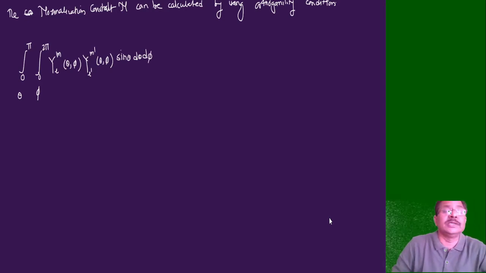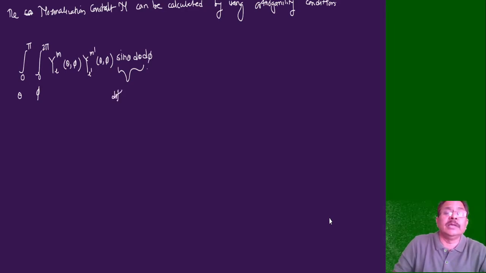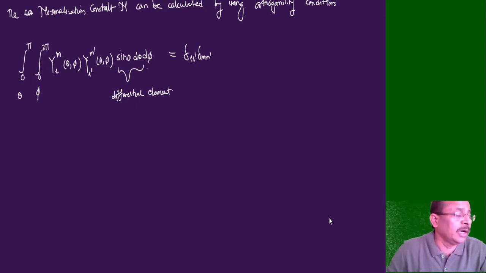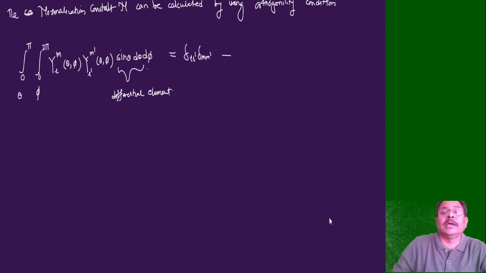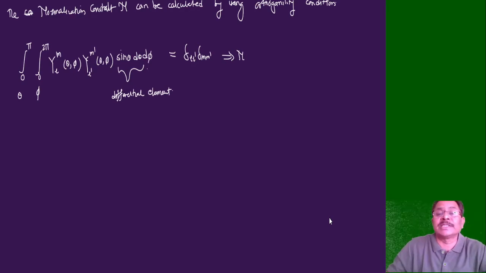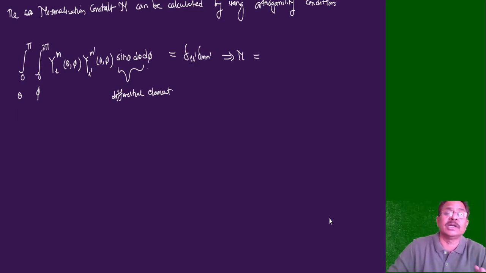This component is nothing but the differential element. That is equal to delta L L dash, delta M M dash. These are the Kronecker delta functions, and that leads you to capital N. As I said, we are going to discuss how this comes in the associated Legendre polynomial.